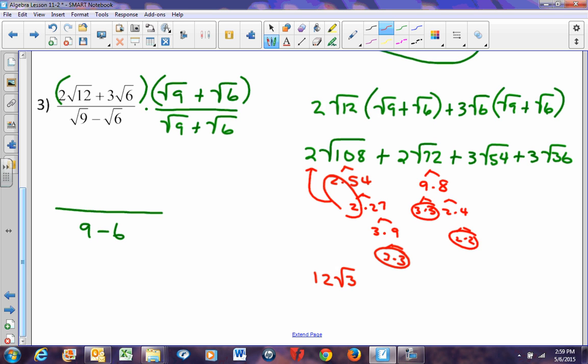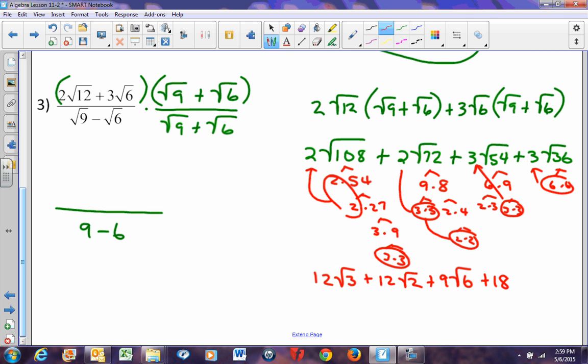So it's 2 times 3, which is 6, times 2 is 12. 12 square roots of 2. 54 is 6 times 9, which is 2 times 3, and 3 times 3, so it's 3 times that 3 is 9 square roots of 6. And up here, 36 is 6 times 6, and 6 times 3 is 18.